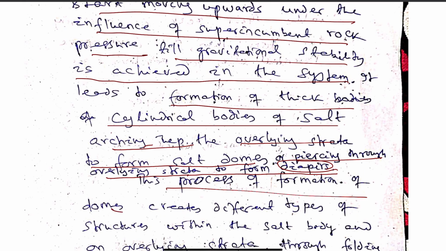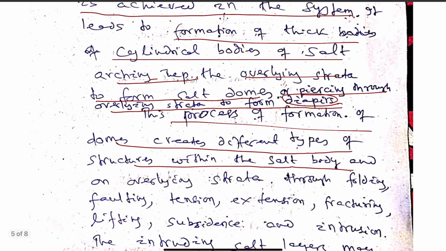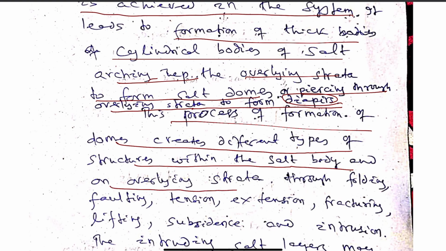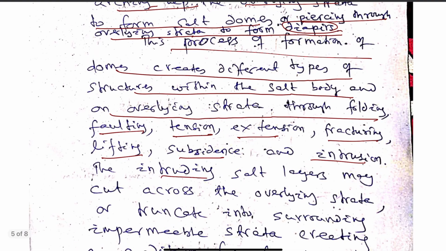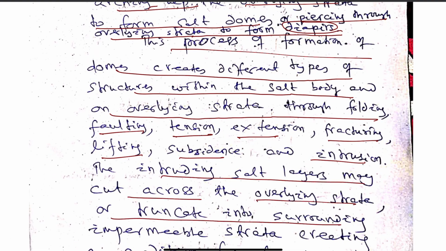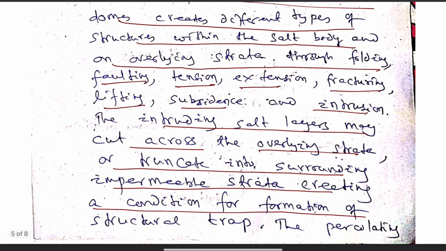The process of formation of domes creates different types of structures within the salt body and in the overlying strata through folding, faulting, tension, extension, fracturing, lifting, subsidence and intrusion. The intruding salt layers may cut across the overlying strata or truncate into the surrounding impermeable strata, creating a condition for formation of structural traps, which are commonly associated with salt domes.